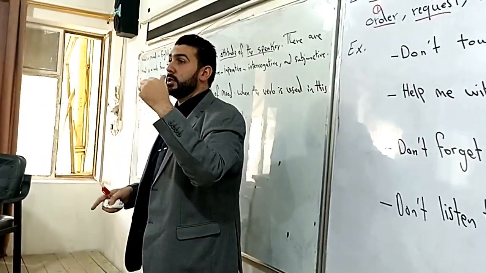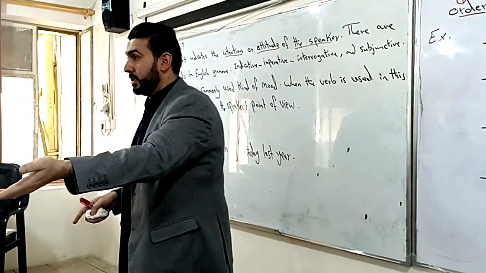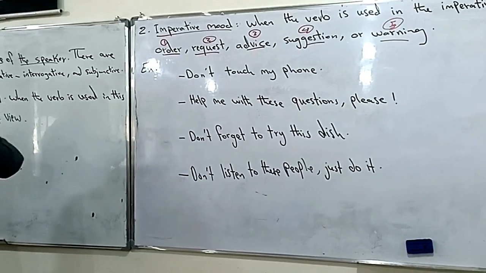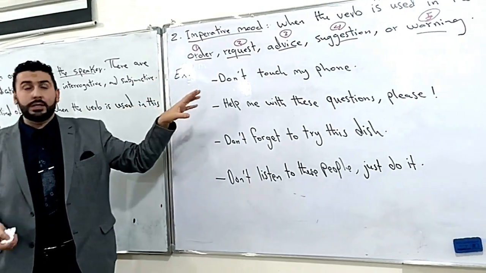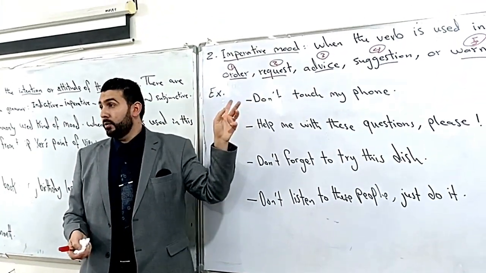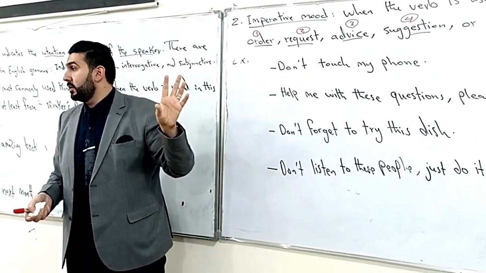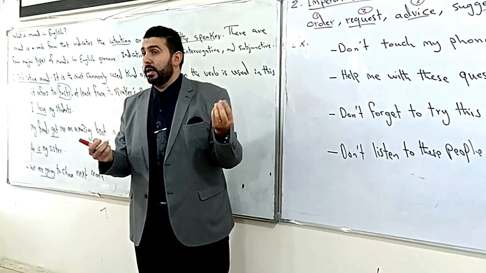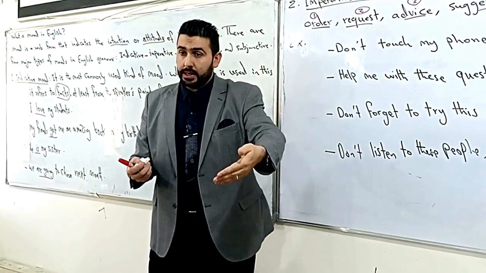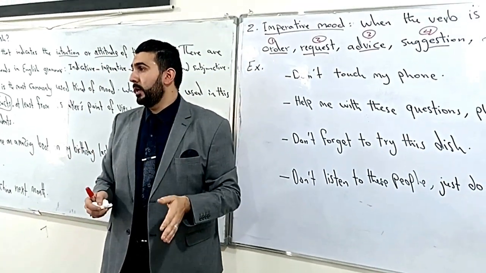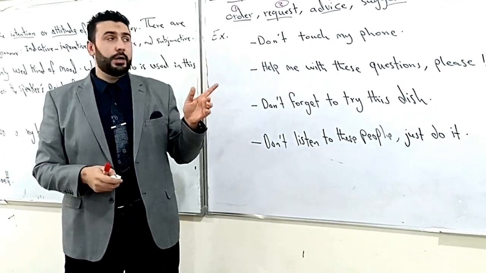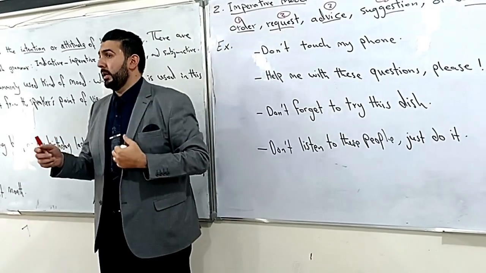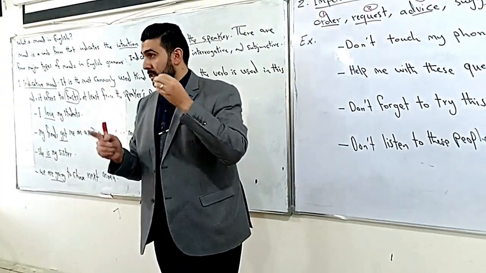You is used either with the singular person or with the plural. So this is one characteristic of the imperative mood, that the second person is implied within the sentence. يعني الشخص الثاني هو مضمن من ضمن الجملة ولكن ما كاتبه. يعني لما نقول don't touch my phone لا تلمس التليفون مالتي معناتها you don't touch my phone.